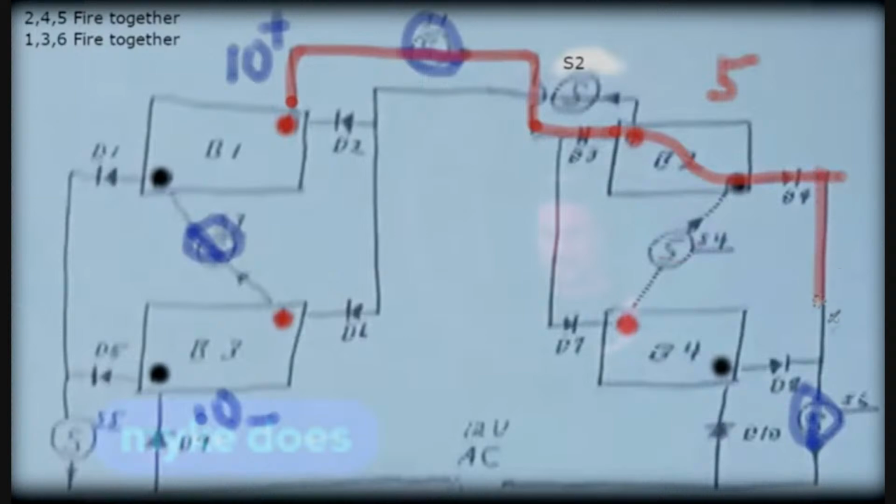And you also close this switch, allowing the positive to continue through the load, or to show itself 10 volts plus. It can show itself on this side of the load.